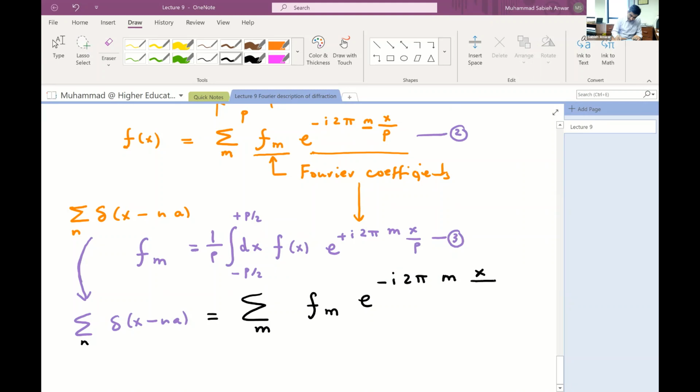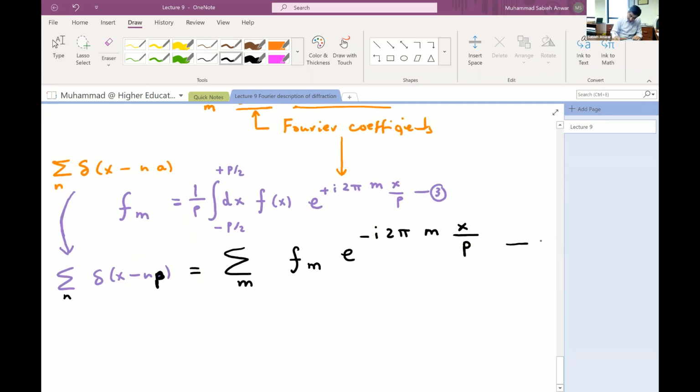What's the period in real space? Let's use p for the time being. So I get p over here. This is my equation number 4.